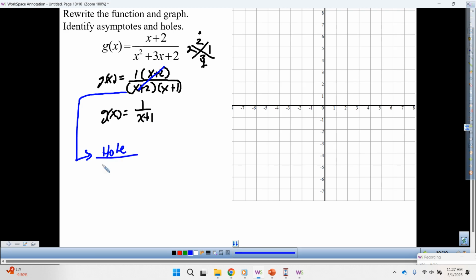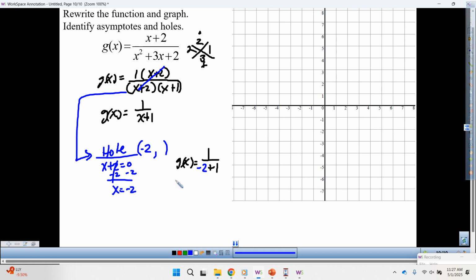Next, we need to identify our hole. What did we take out? x plus 2, we set that equal to 0. Minus 2 minus 2, x equals negative 2. So the x-coordinate for the hole is negative 2. We need a y. So I'm going to bring this over here: g of x equals 1 over blank plus 1, but instead of x, I'm going to write negative 2.